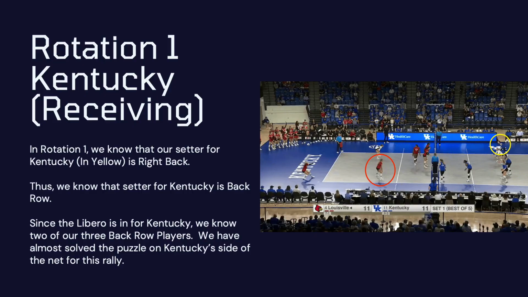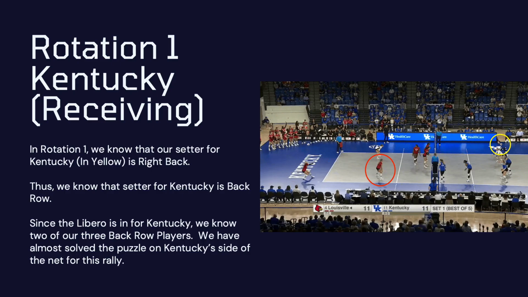So when Kentucky is in serve receive rotation 1, we would hope that from our prior slide when they were serving, we should know who our back row players are. But if for some reason we have a moment where we go blank, we can figure them out again.